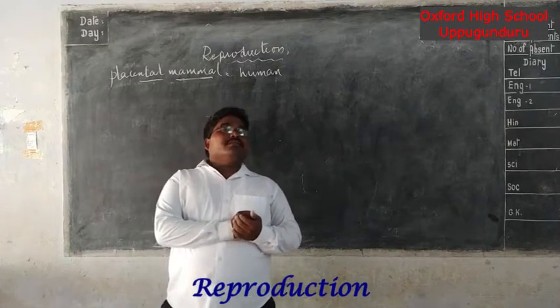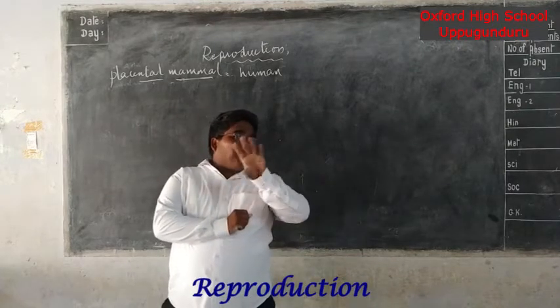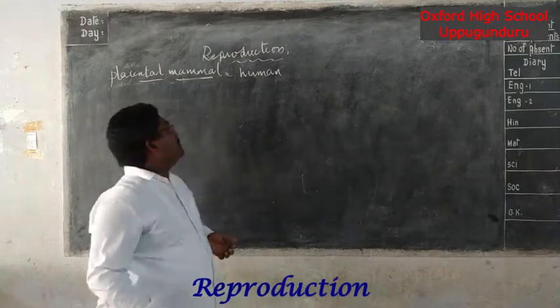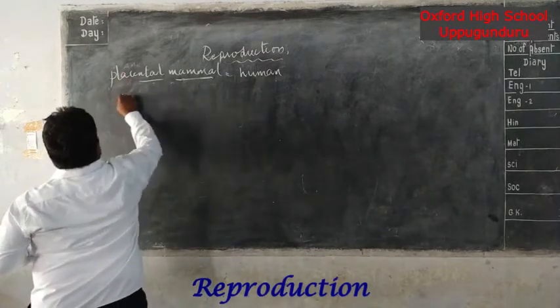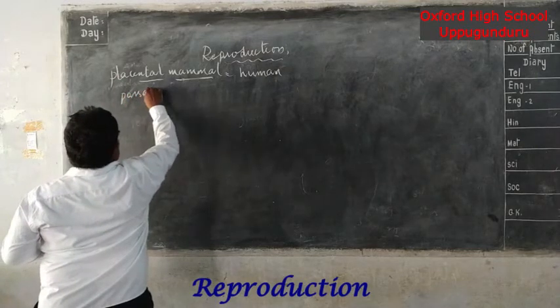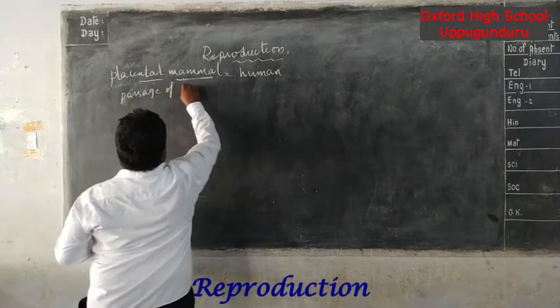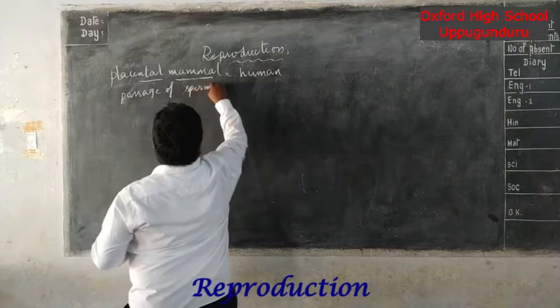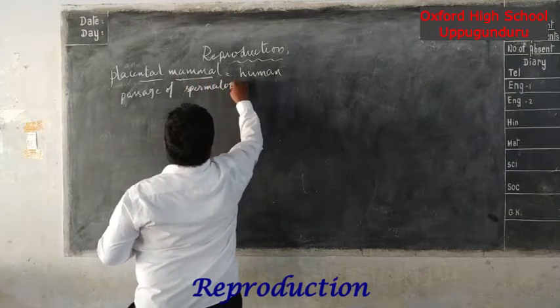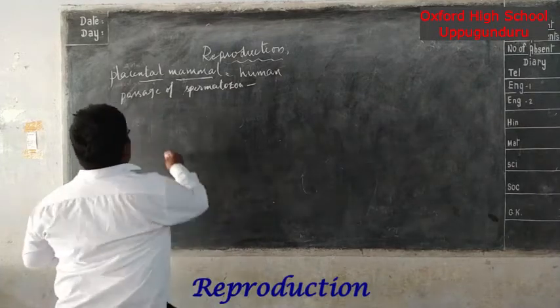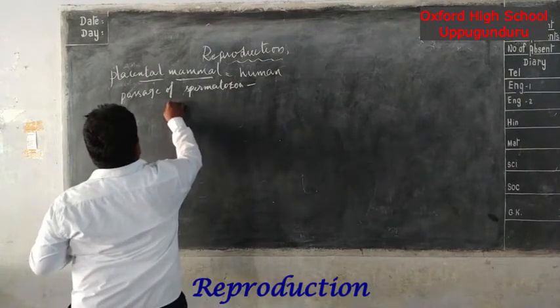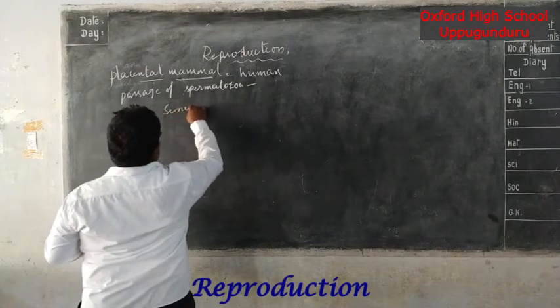Dear students, we discussed the passage of sperm, the passage of spermatozoa. So how is the sperm passing? First one is the seminiferous tubules.